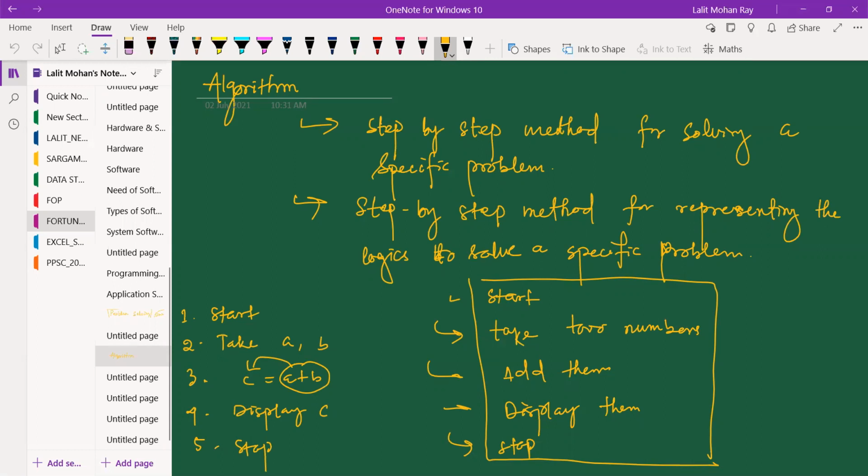After the start, the second step is to take the input. Before the last step, you write the output. In between input and output, there is a process. If the inputs are A and B and the output is C, how to get C? C equal to A plus B. All of you clear?